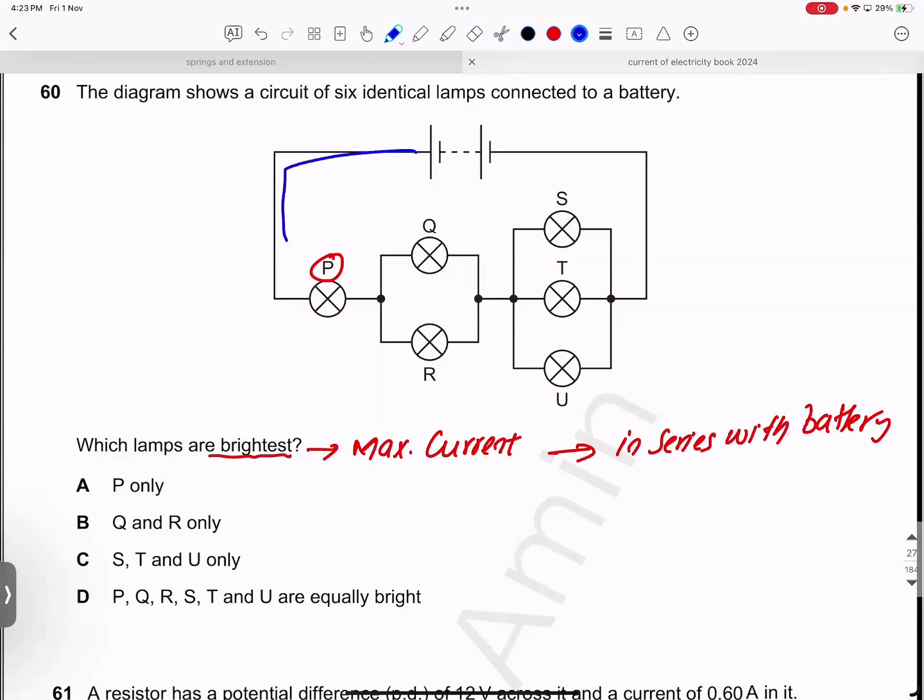Because here total current is coming. Later it will be distributed. All others will get less current. Why? Because current in parallel is distributed, branched. When current is branched, the other lamps Q, R, S, T, U will have less current. So which lamp has maximum current? P. The right option is P.